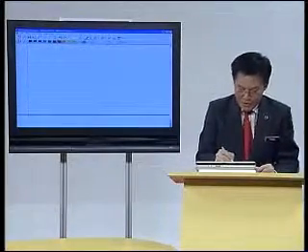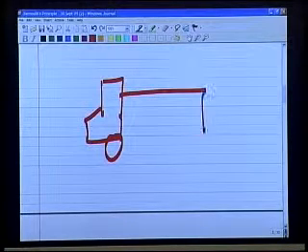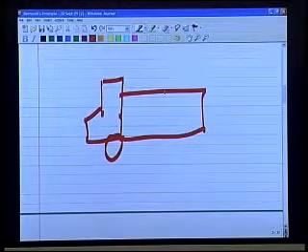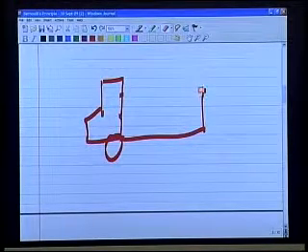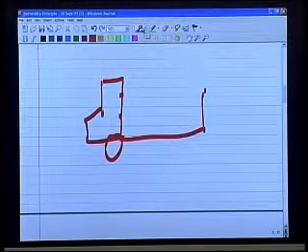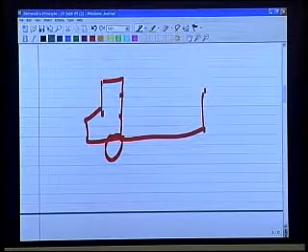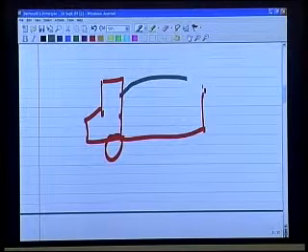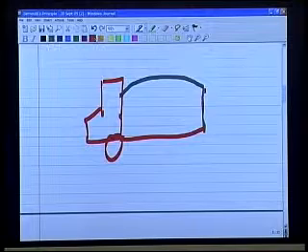So I have the lorry. So this is the canopy. So the canopy part, it bulges, isn't it? Here. So the canopy, it bulges.